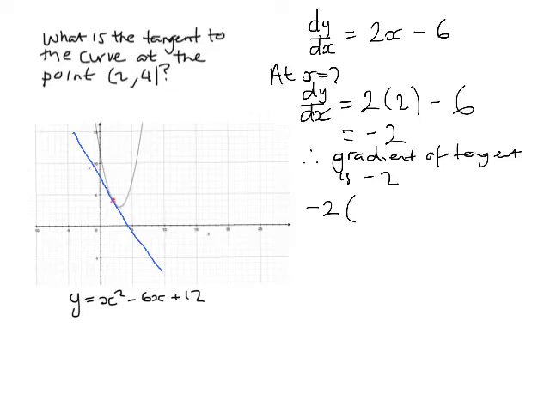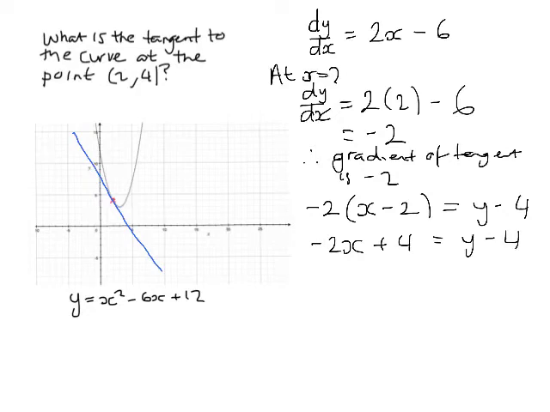The gradient times x minus our x coordinate 2 equals y minus our y coordinate 4. And if we just tidy this up a little bit, we get minus 2x plus 4 equals y minus 4. And rearranging this, we get y equals minus 2x plus 8.